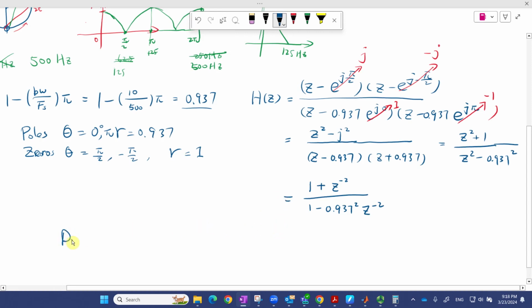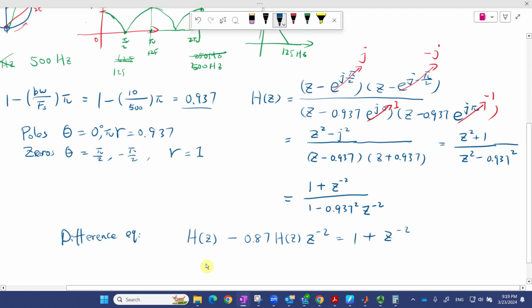It looks like this. Multiply to the other side, and this one is going to equal H(z) minus 0.87 H(z) z to the -2. This side is 1 plus z to the -2.